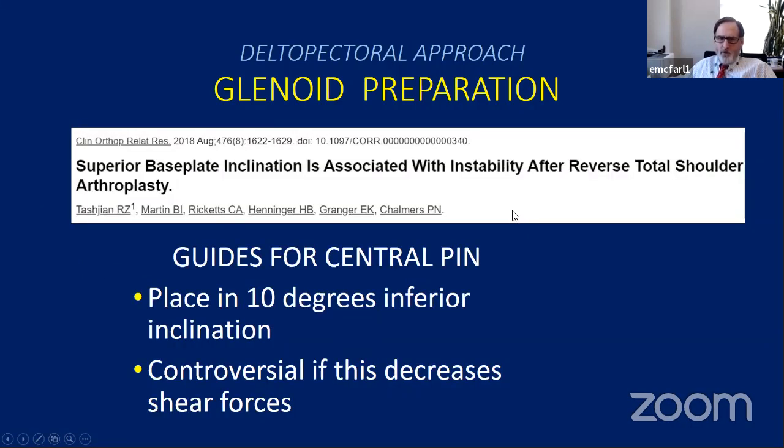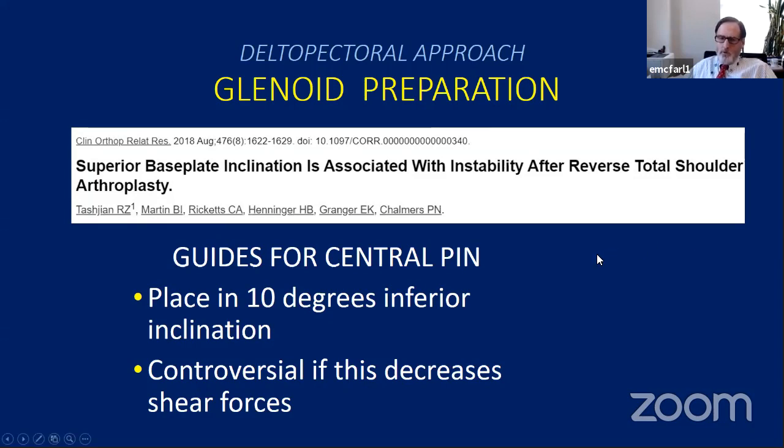There is some indication that one thing you don't want to do, like in total knees the expression is don't create varus. Well, in reverses and total shoulders, the one thing you don't want is superior inclination, because first off it creates some rocking horse kind of phenomenon. And the other is that it increases the shear forces between the base plate and the glenoid.